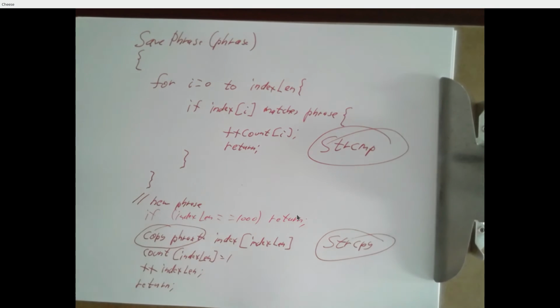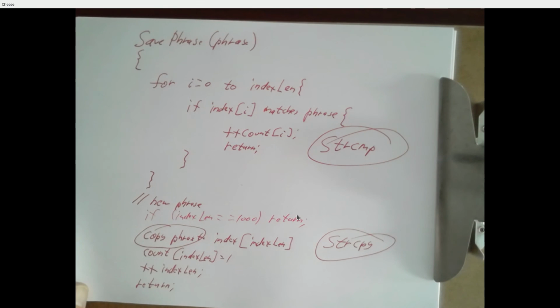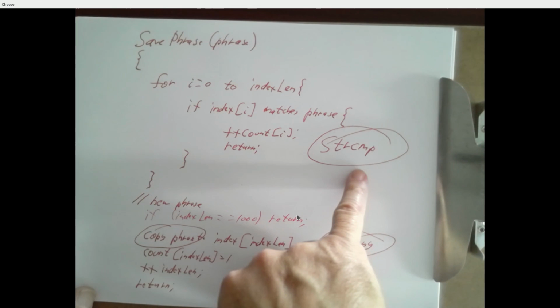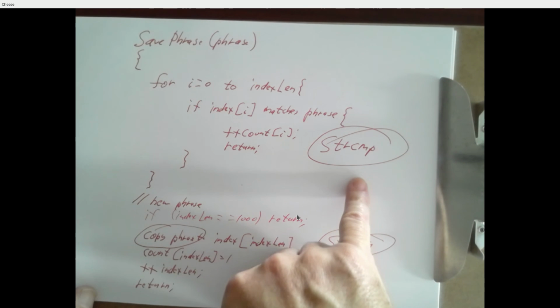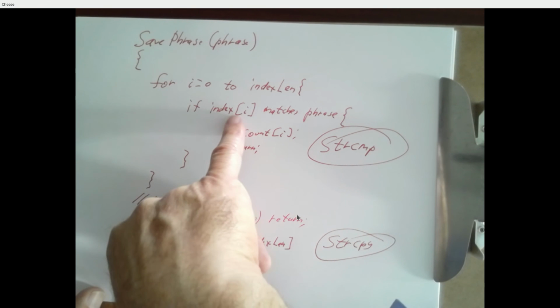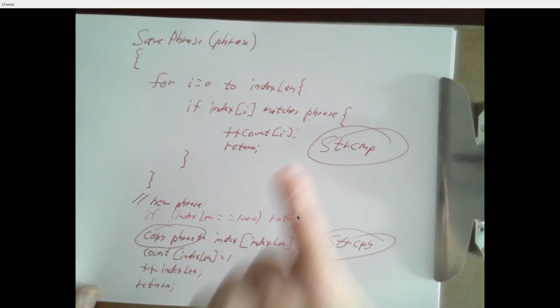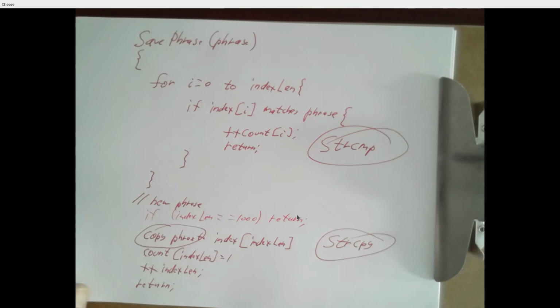String copy actually copies character by character from one chunk of memory to another. Those are all in string.h, and they have man pages. String compare compares two strings to see if they're the same. So instead of saying is index i equal to phrase, see if string compare index i comma phrase is equal to 0. If two strings are equal, string compare returns 0.